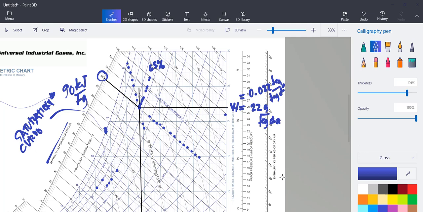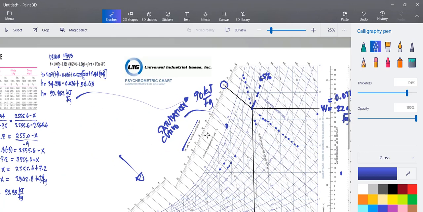Now we have also the vapor pressure here. So that is vapor pressure in mm of mercury. It's around 26, no? So let's try to convert that one. So what we have is 26 mm of Hg.